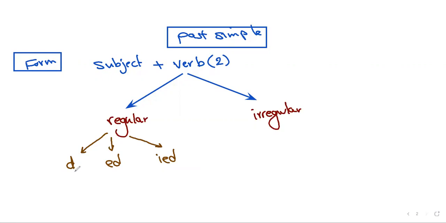Okay, I add d when the verb ends with e. For example, when I say like and love, if you want to change it into the second form, we add d. Why? Because the verb ends with e, as you can see in these examples. We have liked and loved.